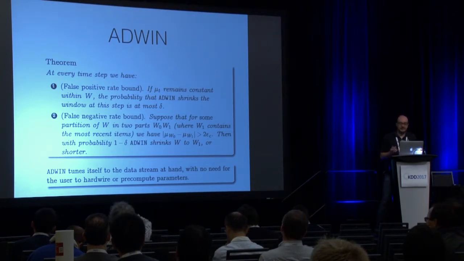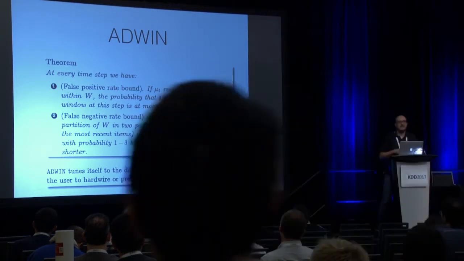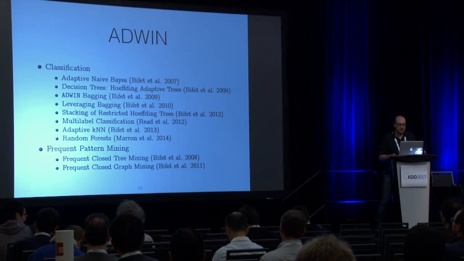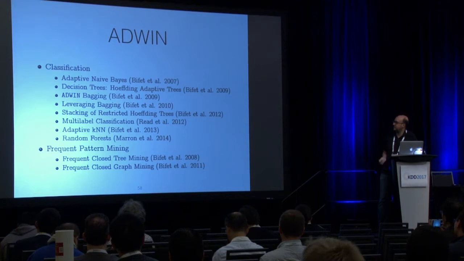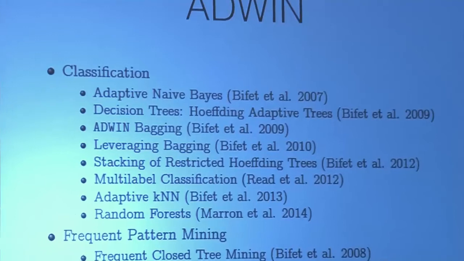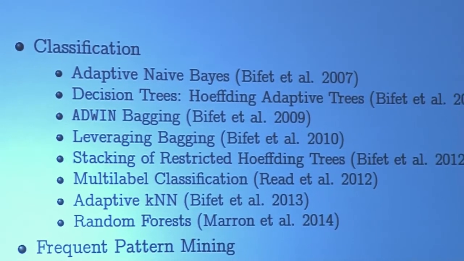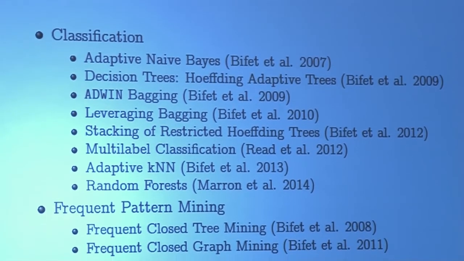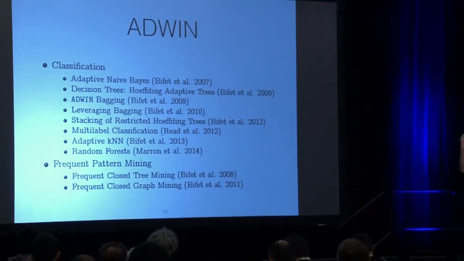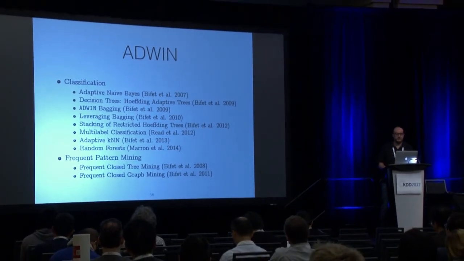And the nice thing is that as Adwin has these theoretical guarantees, we can also apply this to the machine learning classifiers that are using Adwin, for example, decision trees and the others. We have been applying Adwin to many, many machine learning methods. We applied it to classification, to Naive Bayes, to decision trees, to bagging, to stacking, to multi-label classification, to nearest neighbors, to random forest, but also in frequent pattern mining when we have streams of trees and graphs and we want to find the most frequent ones.